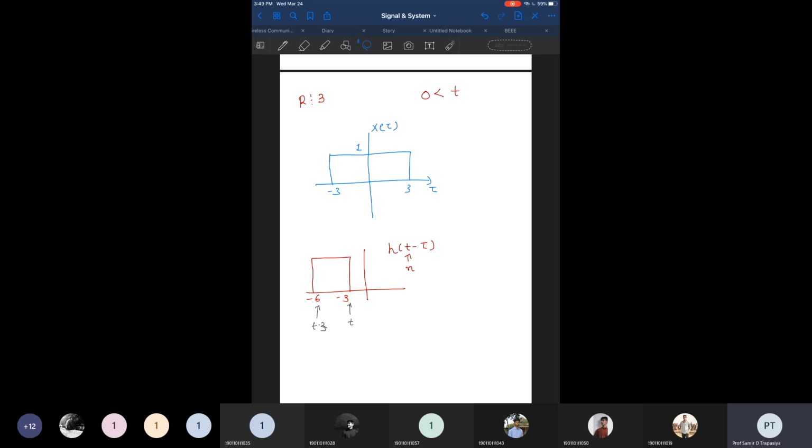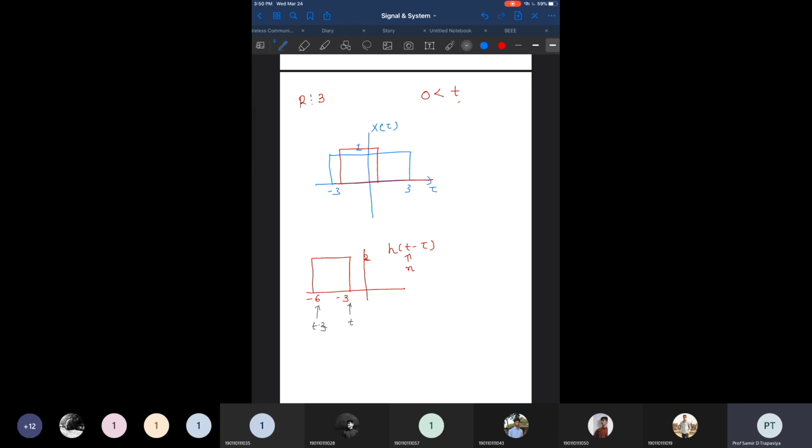Now what happens if we consider only this portion, with the amplitude 2, and here we paste here? Then the second end will go inside, and then you can have this scenario where t is larger than 0.